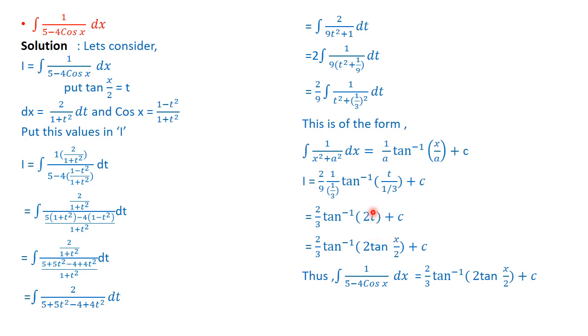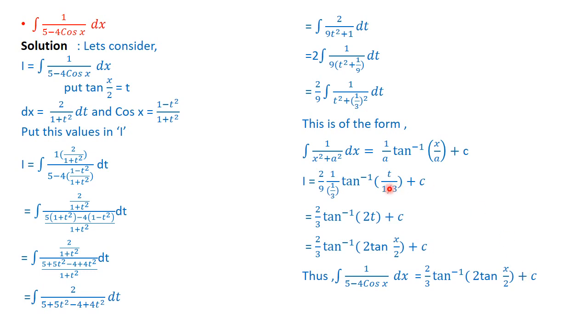That's why, what is our t? t is tan x by 2. Therefore here 3 tan x by 2 plus c. Thus the required answer is 2 by 3 tan inverse of 3 tan x by 2 plus c.